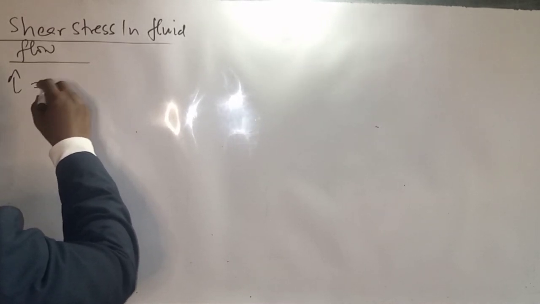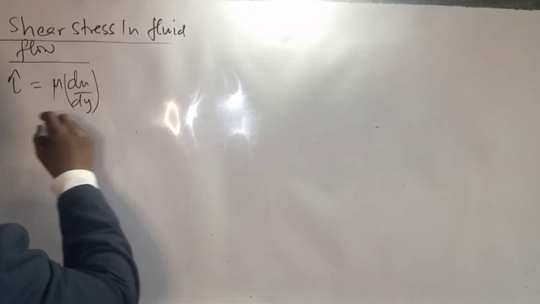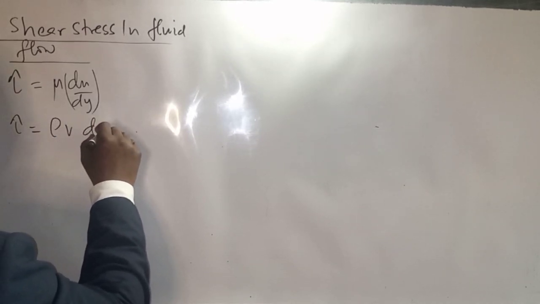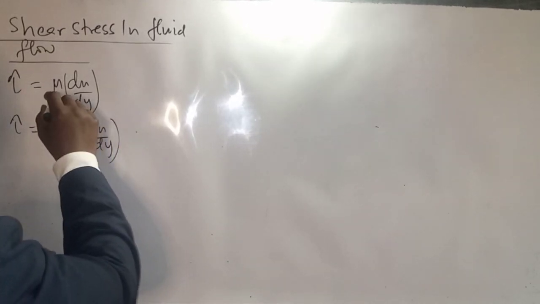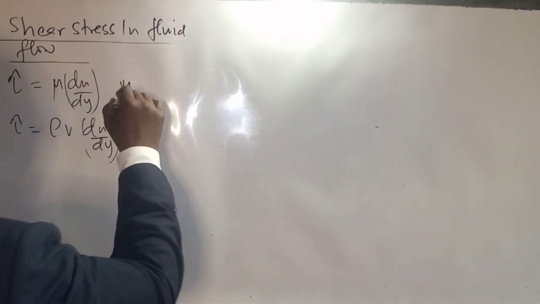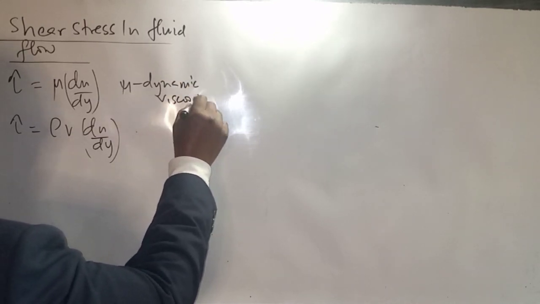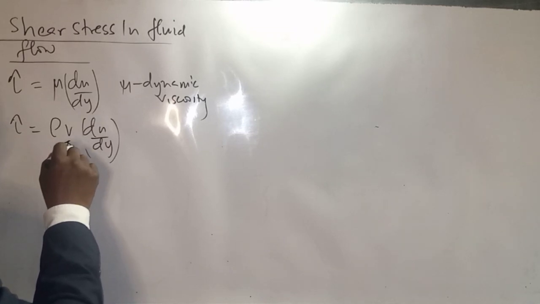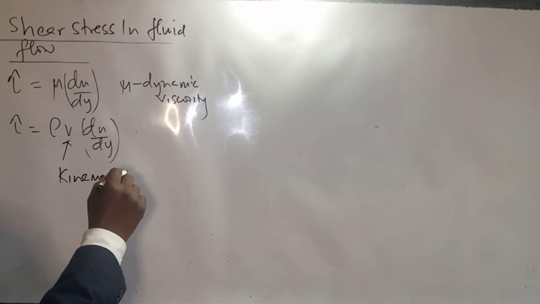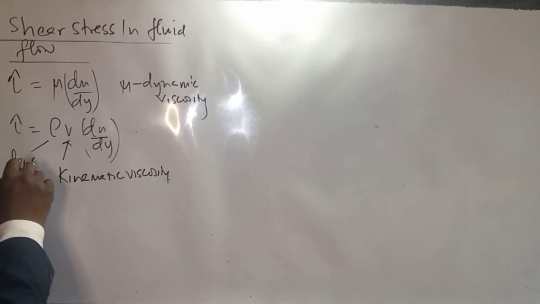And we said that tau was mu du/dy, or you can also say tau is rho nu du/dy. And we had said that this mu here is the dynamic viscosity. Don't forget. And nu here is the kinematic viscosity. And that, of course, rho is the density.